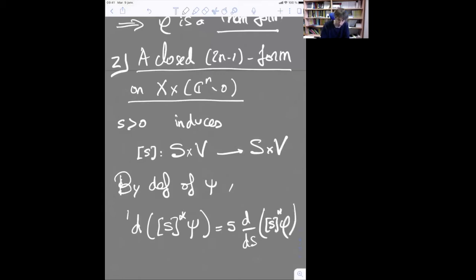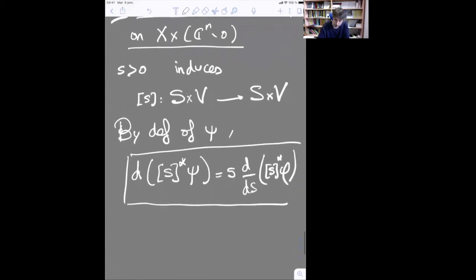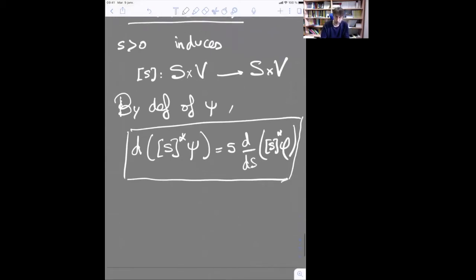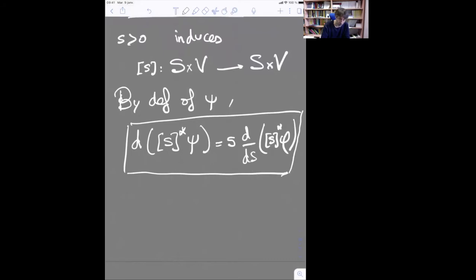So this is a little exercise in differential geometry, but it really follows from the definition, and from that I will prove something which will be important for us. So let's call it a theorem. It's not very deep, but it will be important.